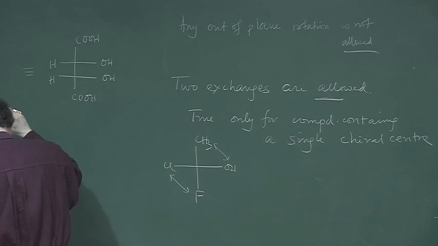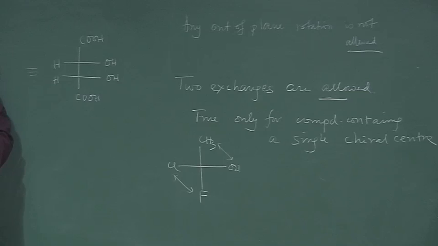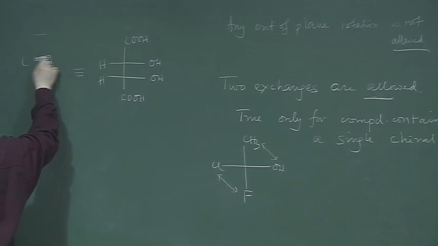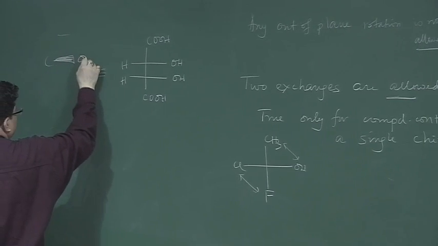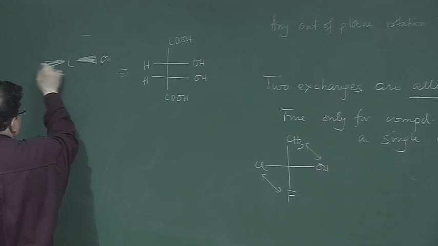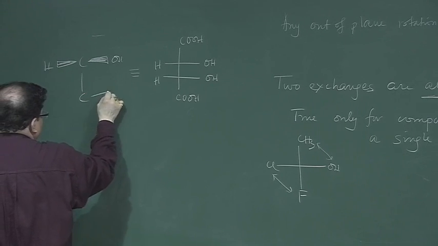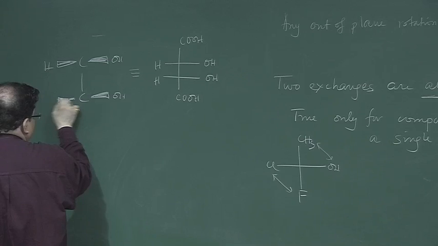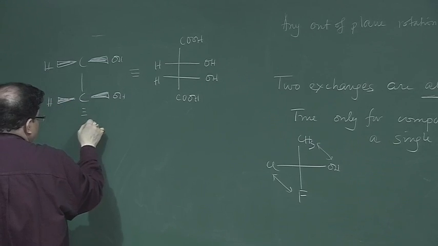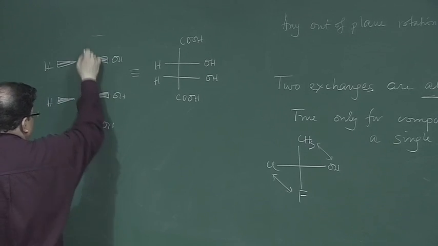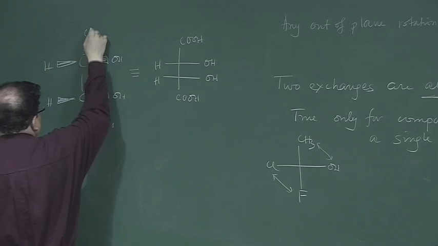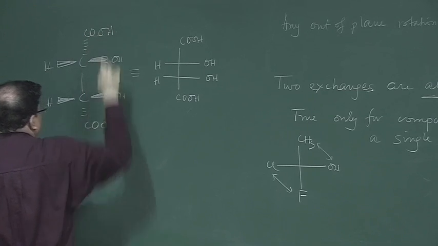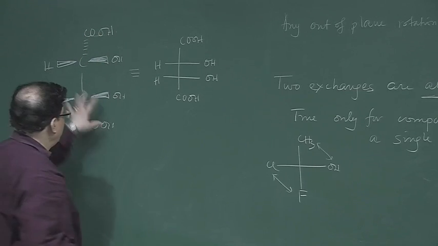The wedge formula is carbon, this is the beta bond OH, this is the beta bond H, this is carbon, this is the beta bond OH, this is the beta bond H, this is COOH and this is COOH. This is the wedge formula.